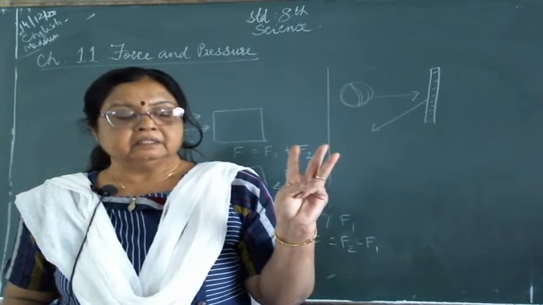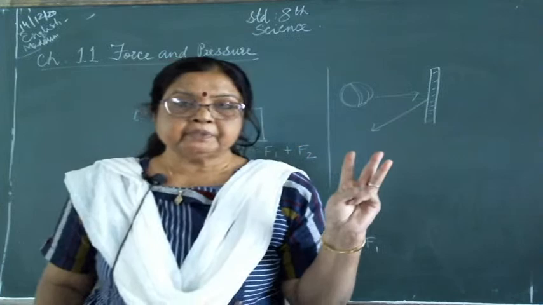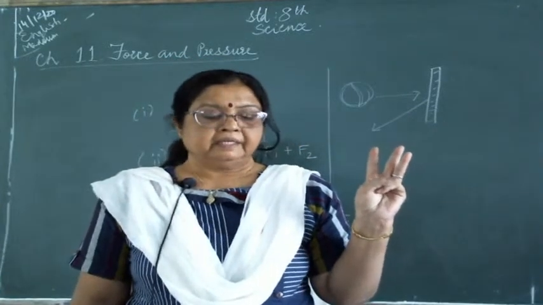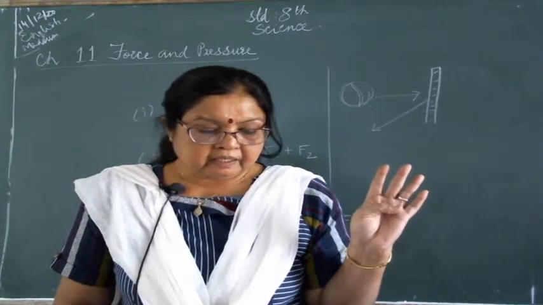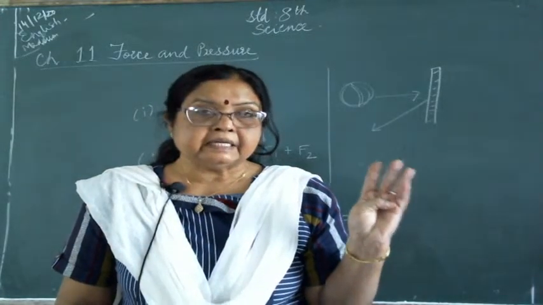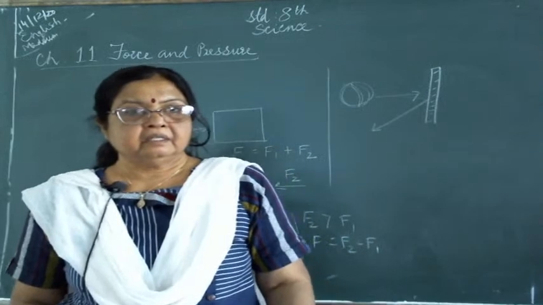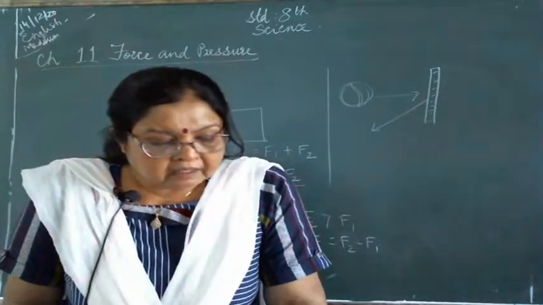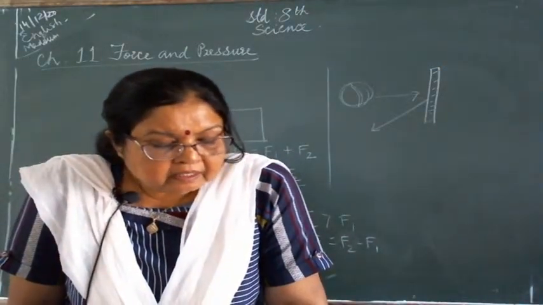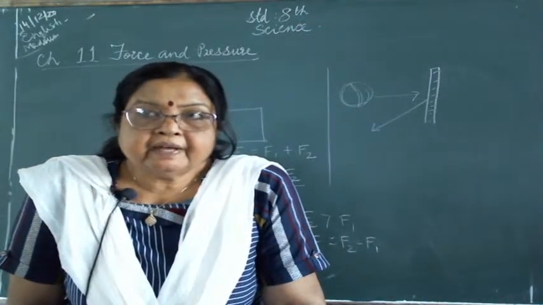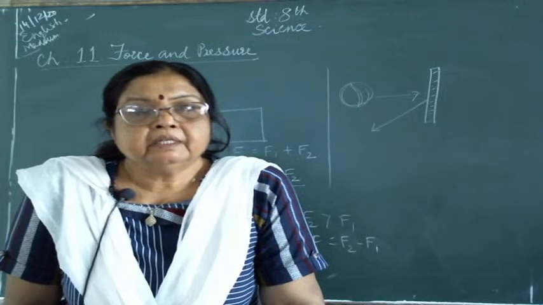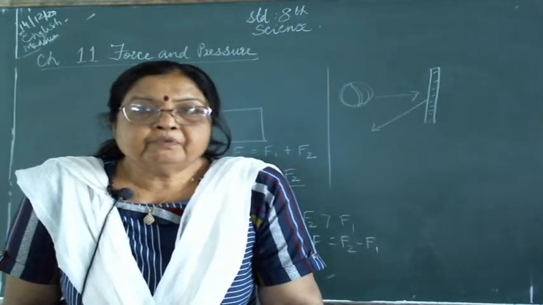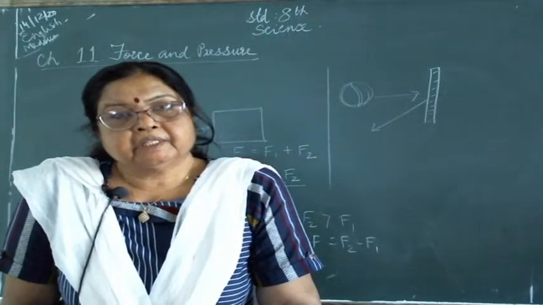Third, the shape changes, right. Fourth, it may change the direction. The object may change the direction. So, please write all these effects and write one example of each. What are the different effects of force on an object?